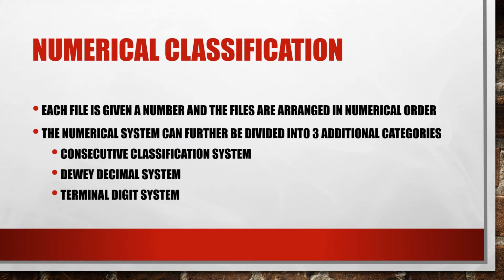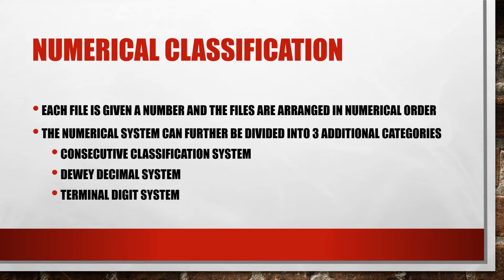Okay, our next one is numerical classification. Now in numerical classification, each file is given a number, and the files are arranged in numerical order. The numerical system can be further divided into 3 additional categories. For the purpose of high school, you don't really go into as many of these as possible, but I do know that they deal a little bit with the terminal digit filing, which basically deals with the last few digits in a number.